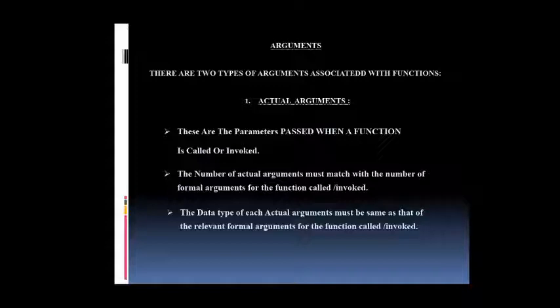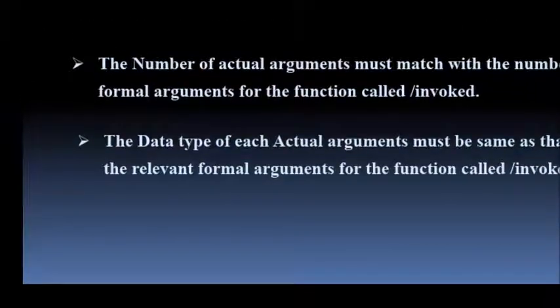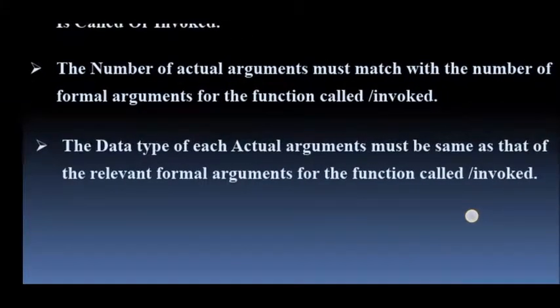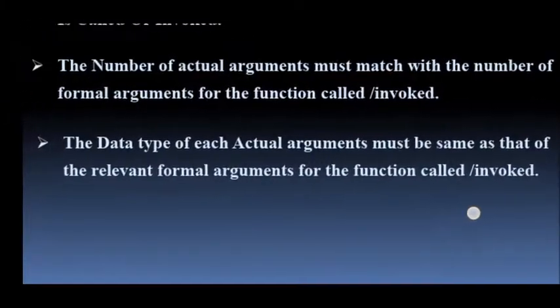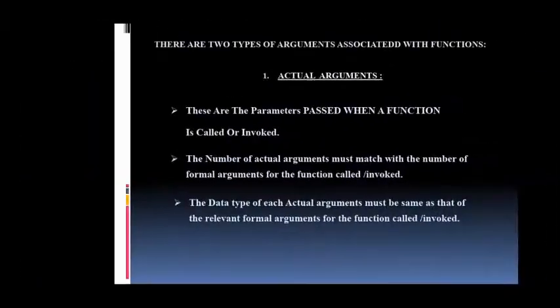So all the arguments must match in data type also. That's why the data type of each actual argument must be the same as that of the relevant formal argument for the function called or invoked. So these are the properties of actual arguments.